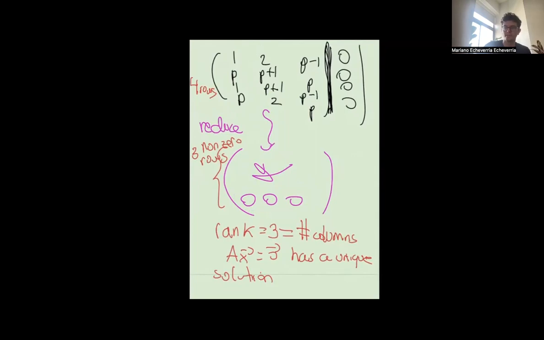To solve question 4, what you wrote here is 4 zeros on the right-hand side, but in the video you have written p, 0, p, 0.